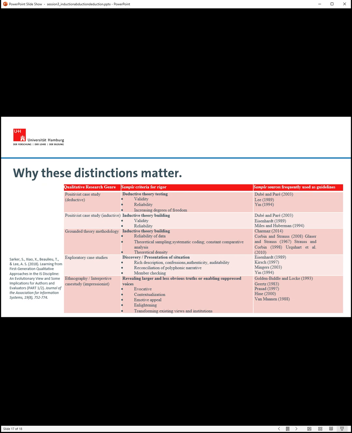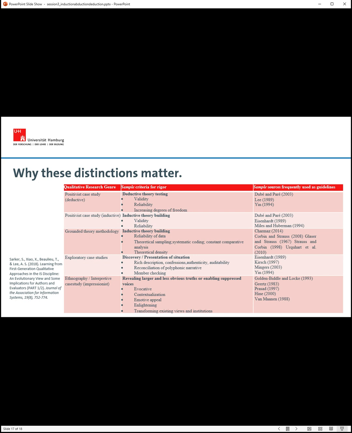So for example, we can use the genre of a case study both in inductive and in deductive ways. We can use a case study as a sort of experiment, if you want, to see whether a theory holds true. If we have a theory about how organizations work, then I can take a case of an organization where it should work and see whether it does work. That's a deductive strategy.